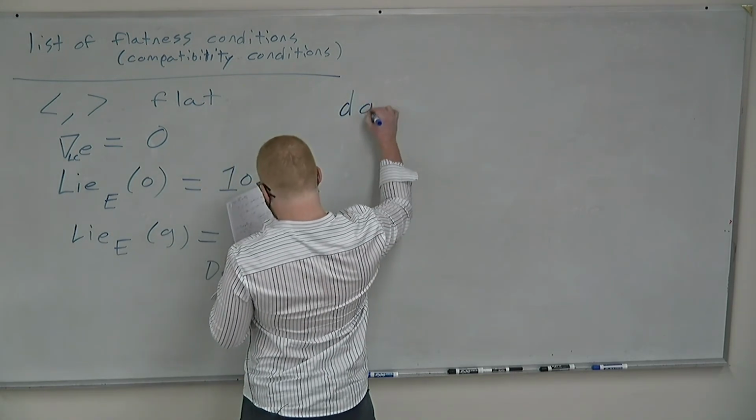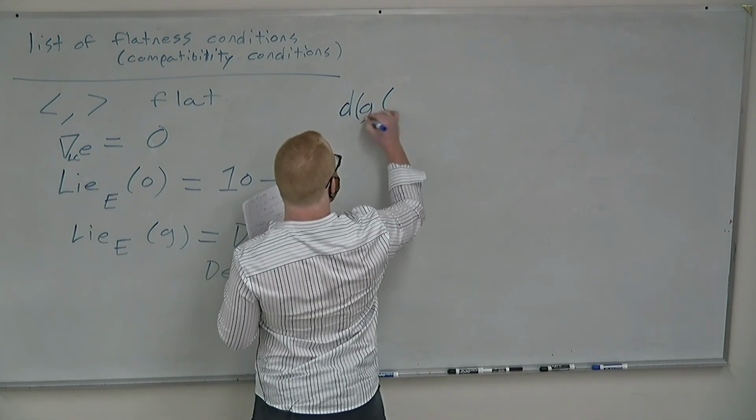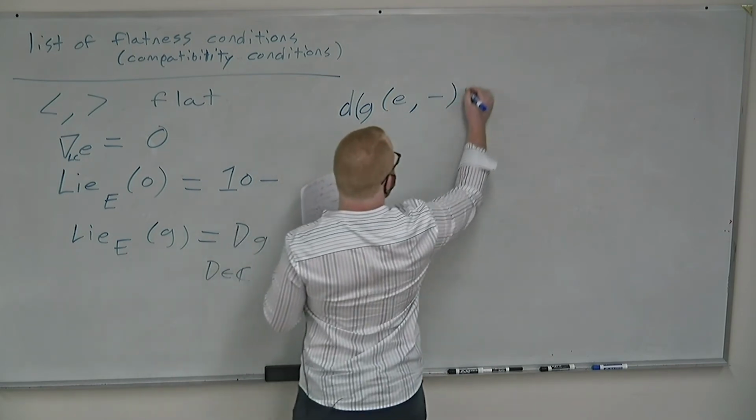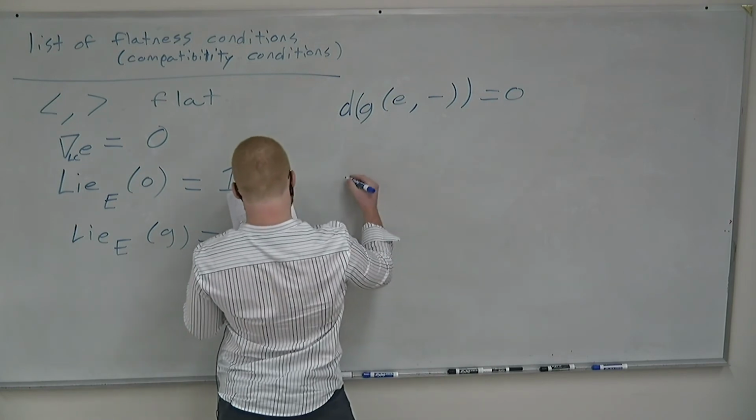And I need a couple other things. The derivative of G, when I just consider it with the identity in one portion, this has to be 0.